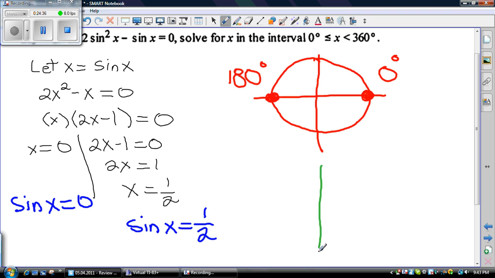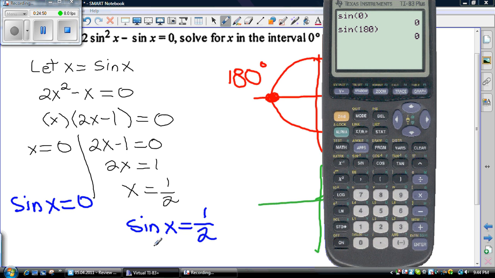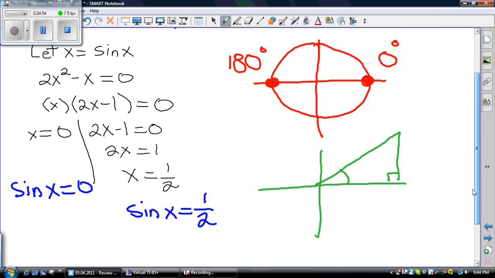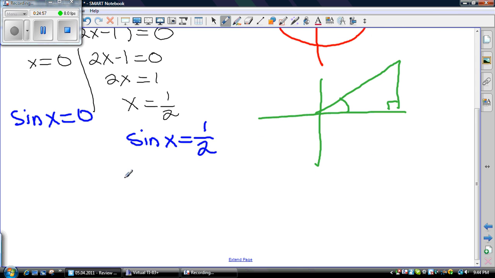Where is the sine equal to a half? Well, there's two separate scenarios for this one. Okay, first of all, sine is equaling a positive number. So one of the triangles that will get you a half for sine lies in the first quadrant. And maybe our calculator will help us find the reference angle. So we are going to take inverse sine of a half and see if we can figure out what this reference angle is going to be.